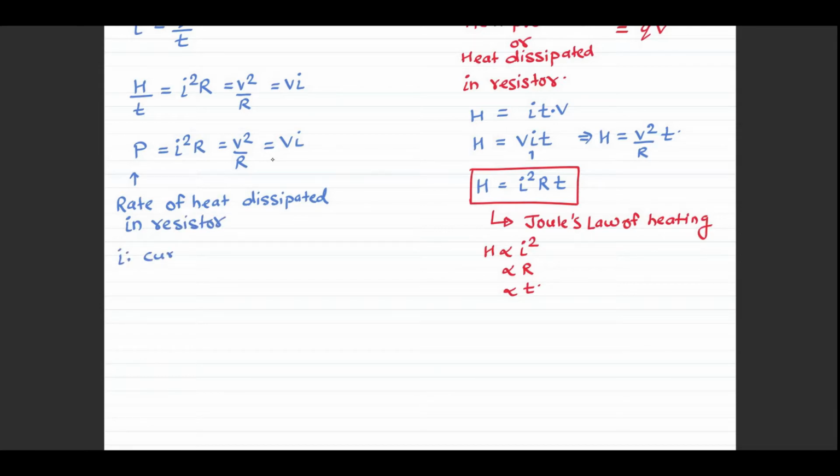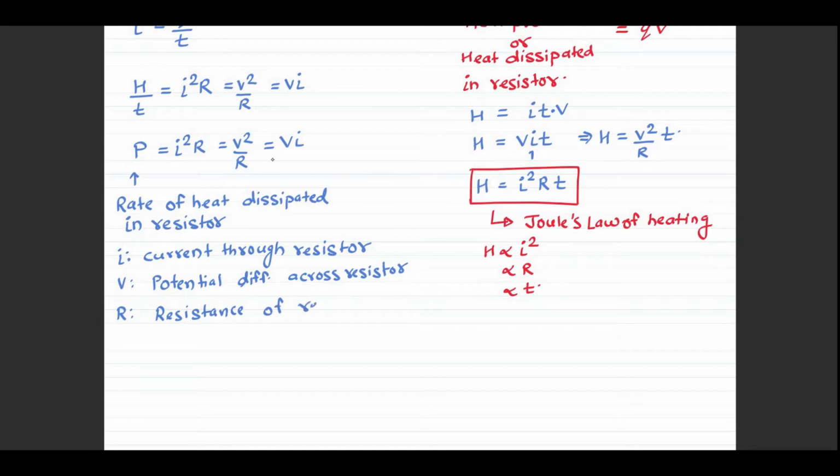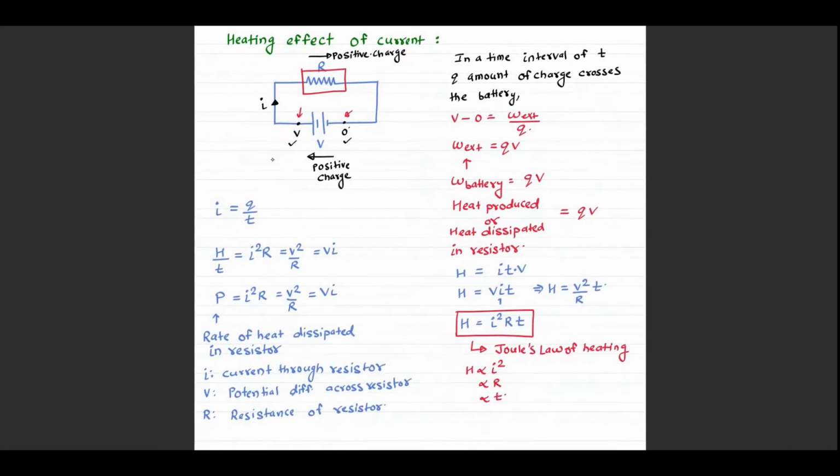Remember, I is the current through the resistor, V is the potential difference across the resistor, and R is the resistance of the resistor.